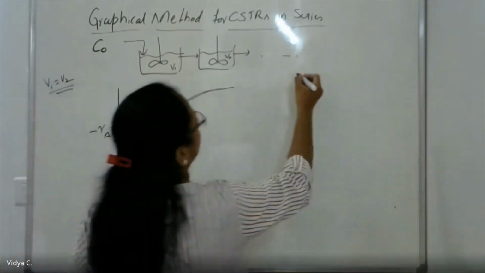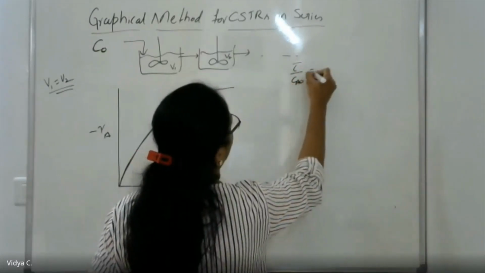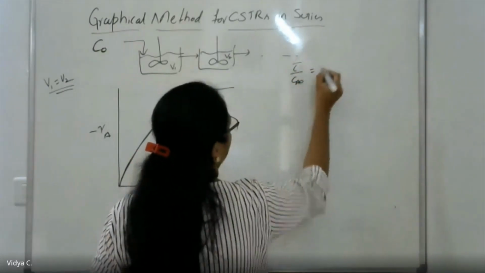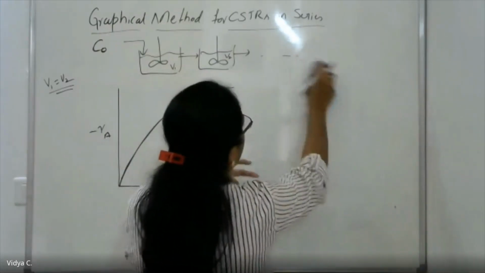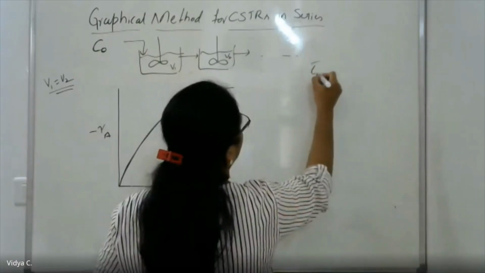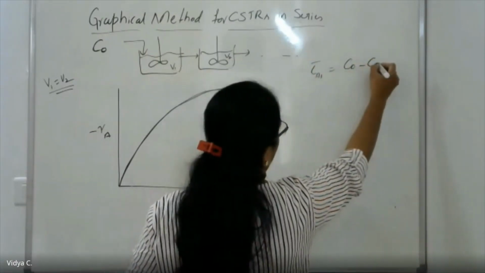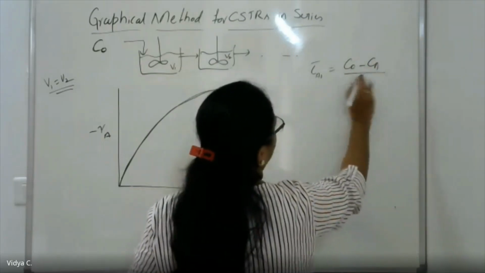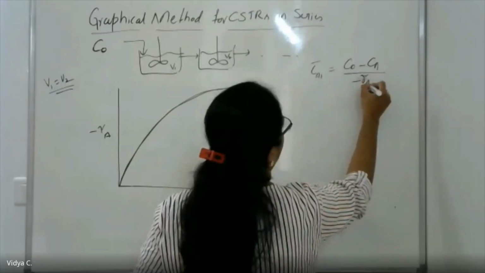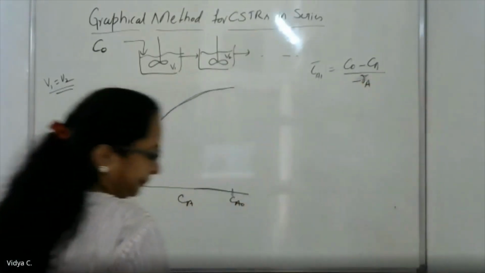Okay. Then we know the performance equation. Tau by CA naught equal to XA by RA. If I'm writing that in terms of concentration, it will be tau1 is equal to C0 minus C1 by minus RA1.